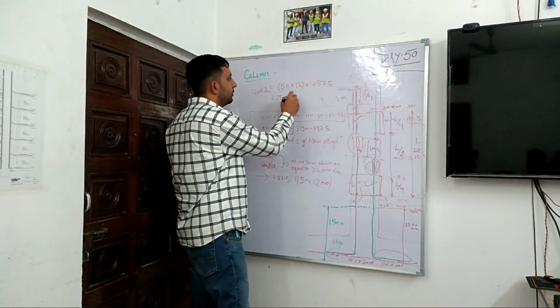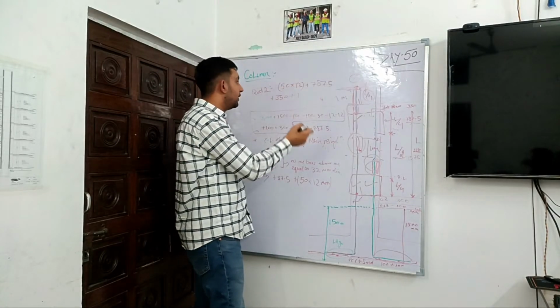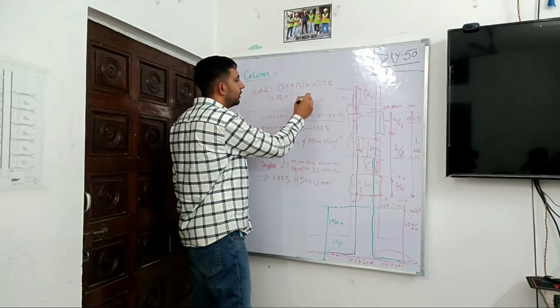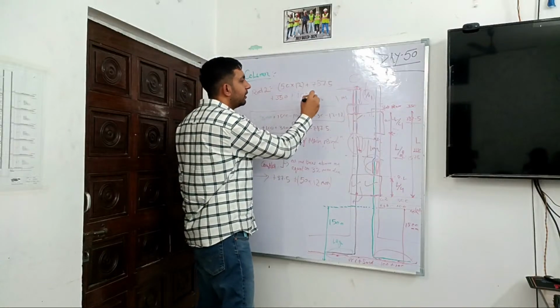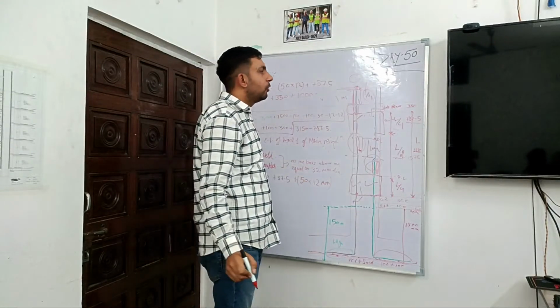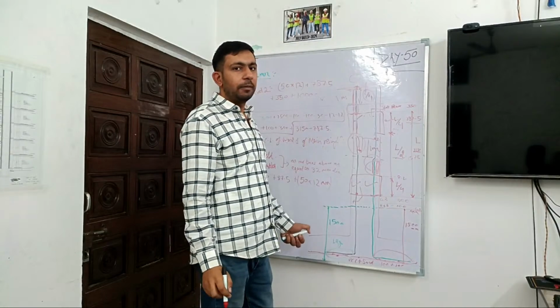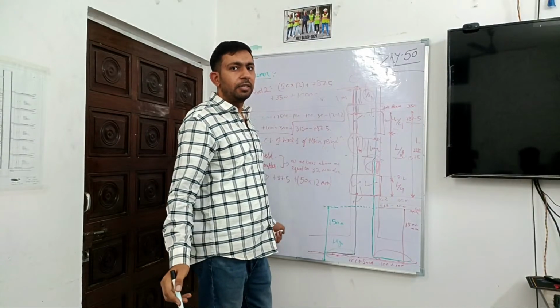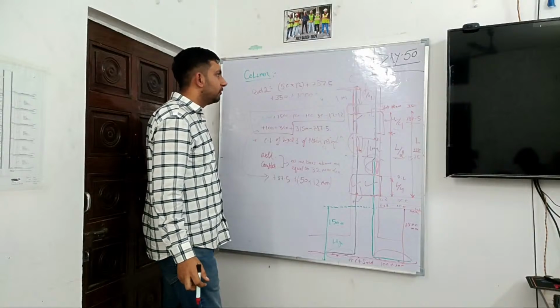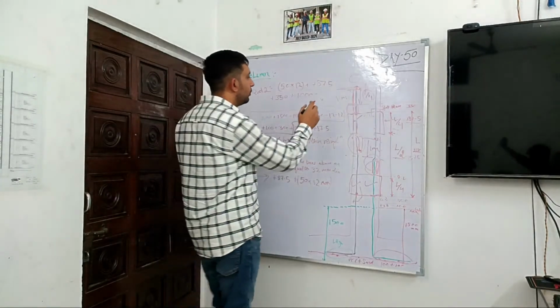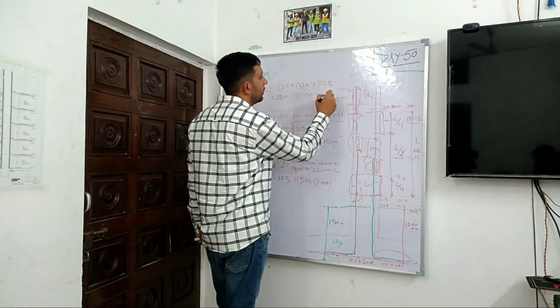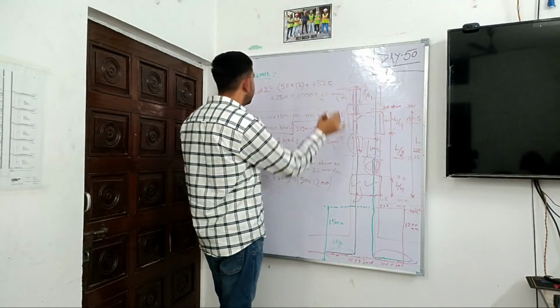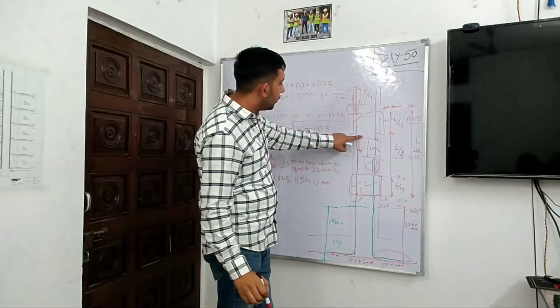So plus 1 meter; we are considering all values in mm, so we will write 1000. But we will subtract the cover because we cannot provide it right to the top, as it would be left open and corrosion would take place, and our structure would be damaged. So minus 20 mm cover.